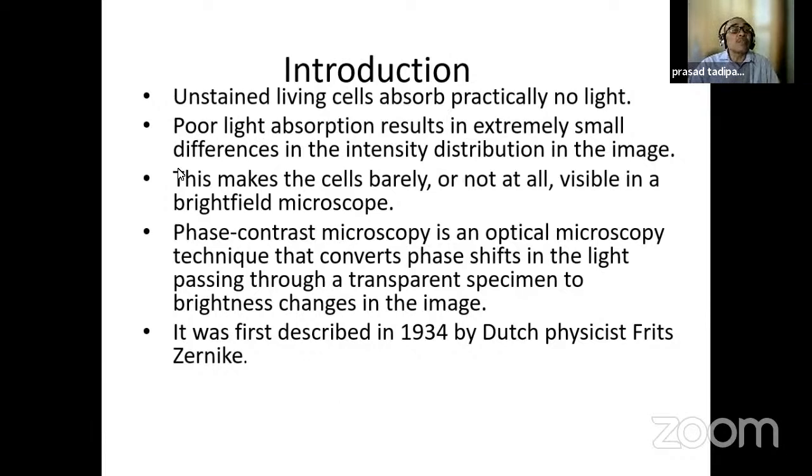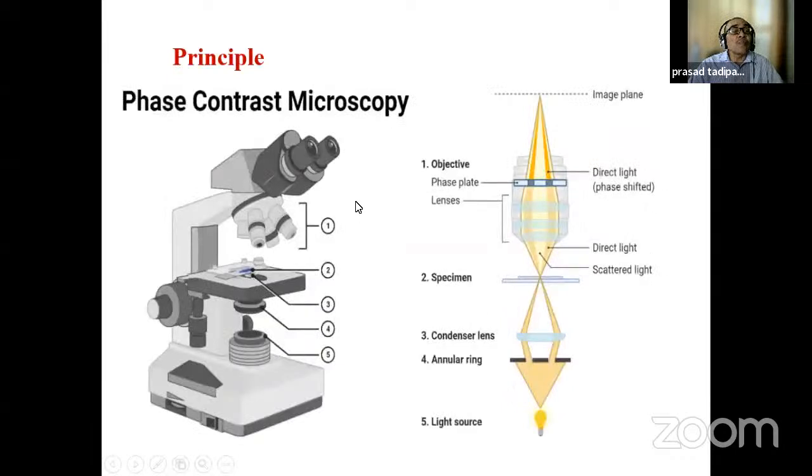So this phase contrast microscope is an optical microscope technique that converts phase shifts in the light passing through a transparent specimen to bright changes. This is the picture of an optical microscope, and here you have different parts.